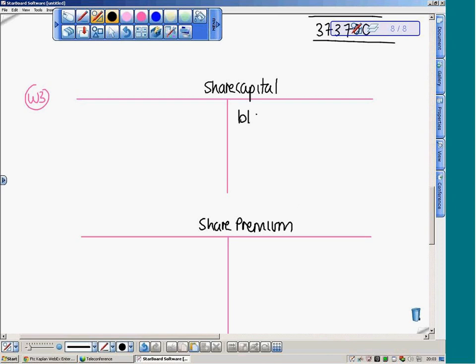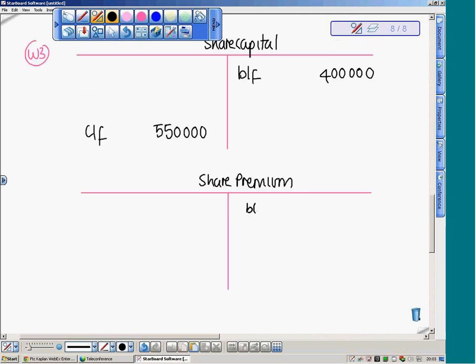Okay, so I have my brought forward, the 400, and the carry forward, the 50. Okay, and with my premium, I've got the brought forward and carry forward, all of these numbers directly taken from the SFP.